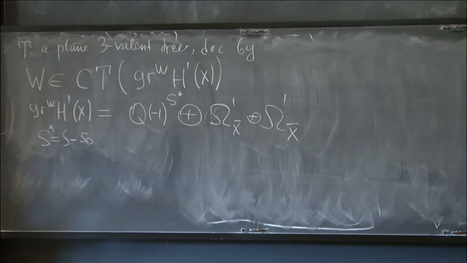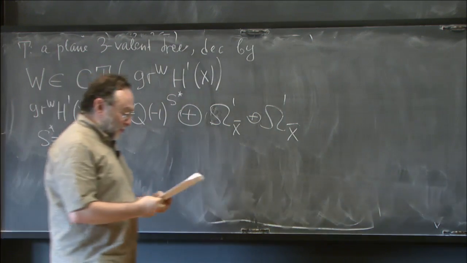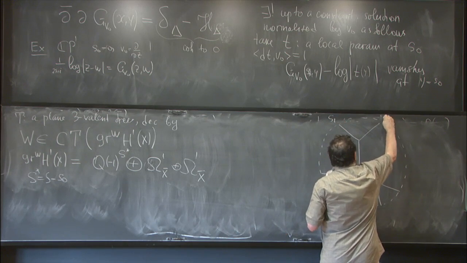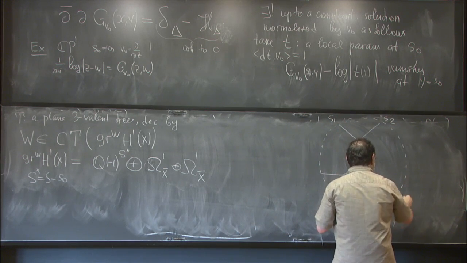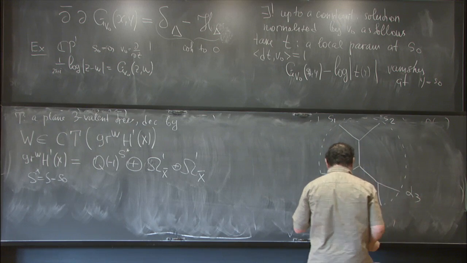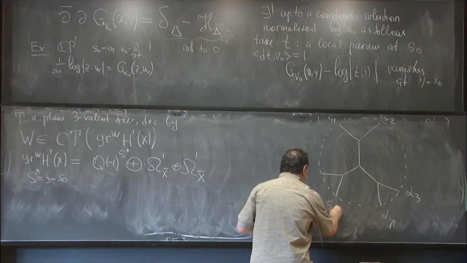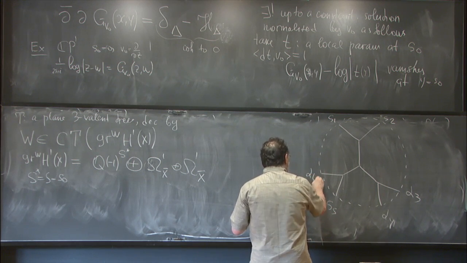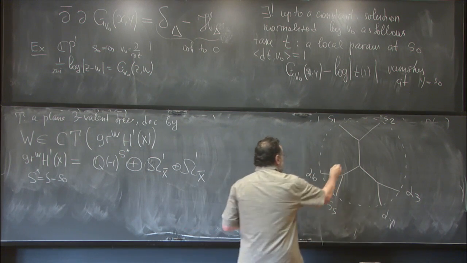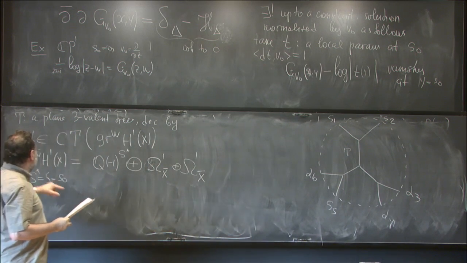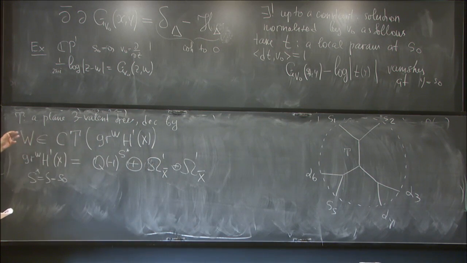When I take the cyclic tensor product of those, I can mark them like this: a point S1, another point S2, an anti-holomorphic differential alpha 3, some differential alpha 4, just an example, maybe S5, alpha 6, and so on. So this picture tells you that you have a tree T decorated by this word. Remember that our goal is to assign to this a number. Actually, not a number, a one-form.